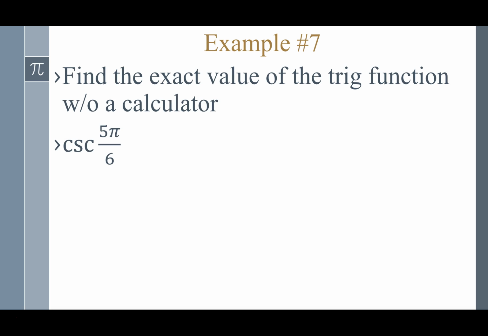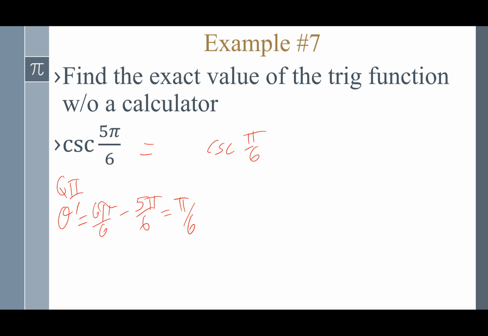For 5 pi over 6, well, this is in quadrant 2, because it's less than pi but bigger than pi over 2. So our reference angle would be pi minus 5 pi over 6, which becomes 6 pi over 6 minus 5 pi over 6, which is just pi over 6. So we get cosecant of pi over 6. Again, in quadrant 2, cosecant is based off r over y.